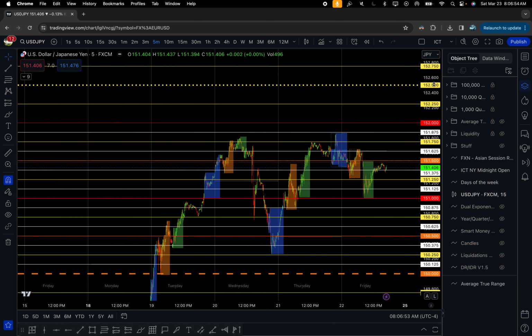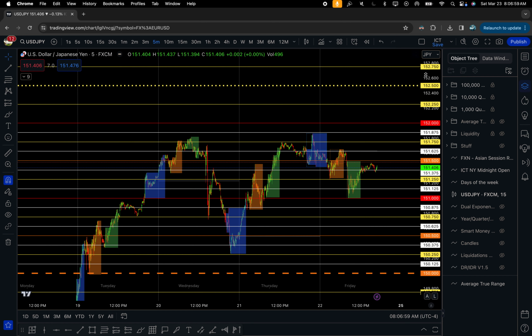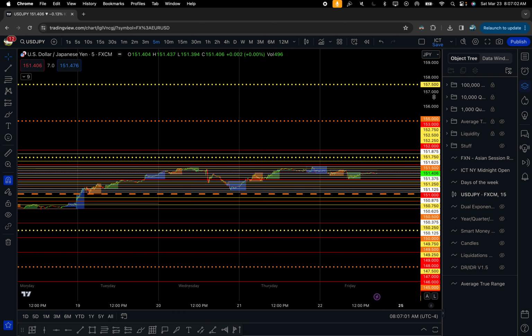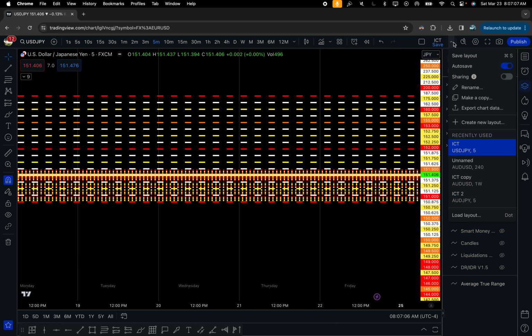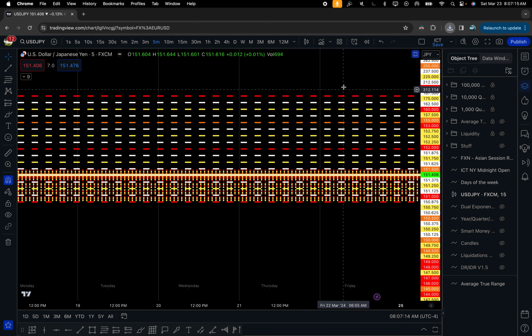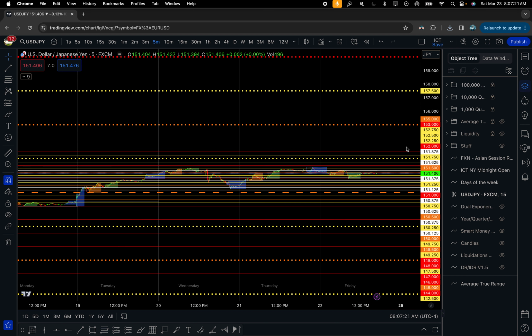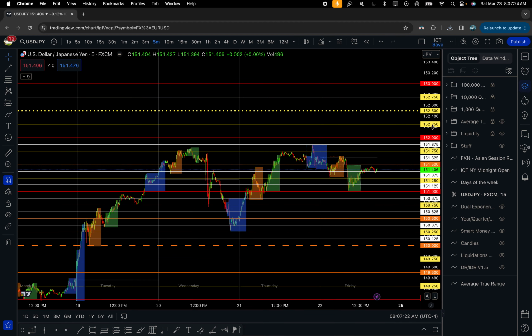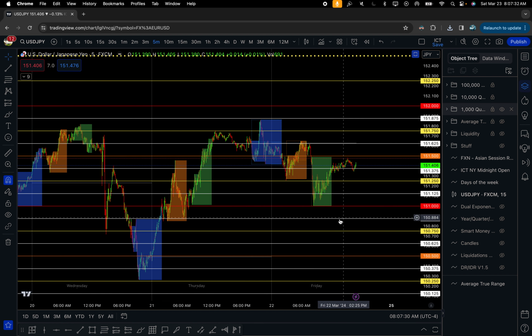And sometimes I think TradingView actually forgets, which is why I keep exporting. I don't know what that does exactly, but I'm hoping if I need it, it'll be there. Okay. It just takes time, you know.